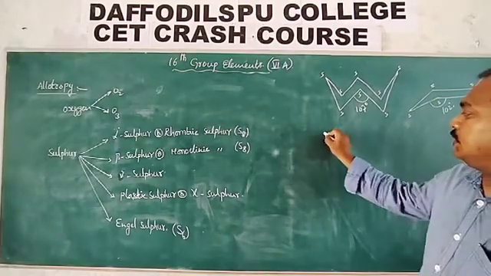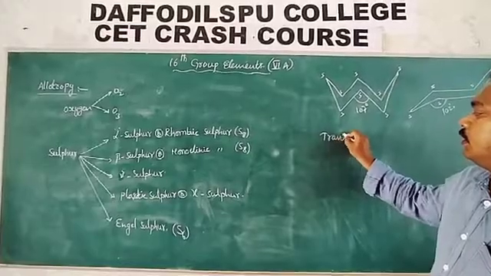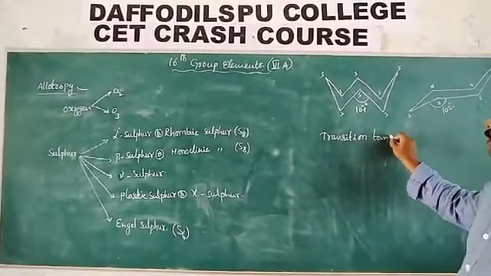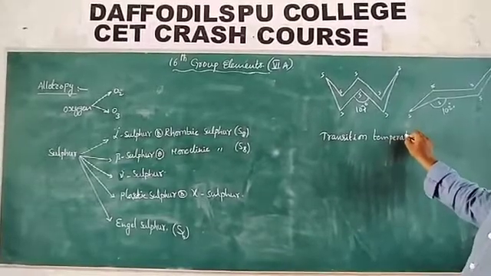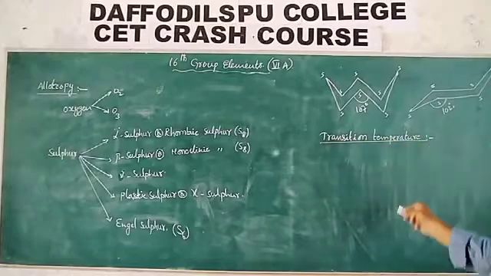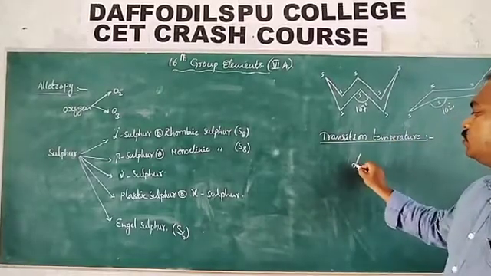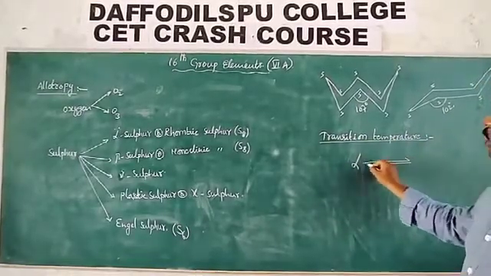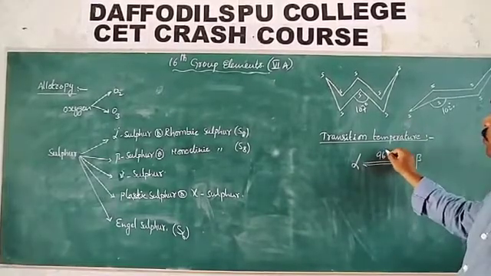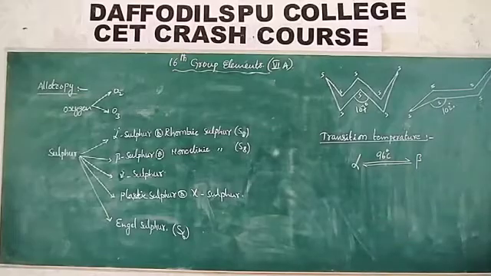Next one is transition temperature. What is meant by transition temperature? The temperature at which one allotropic form is converted to another allotropic form is known as the transition temperature.